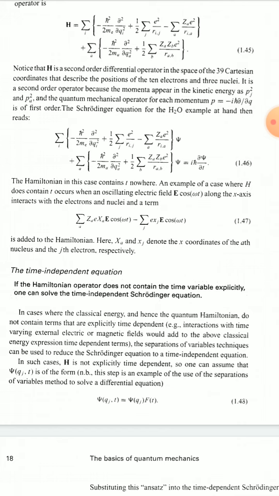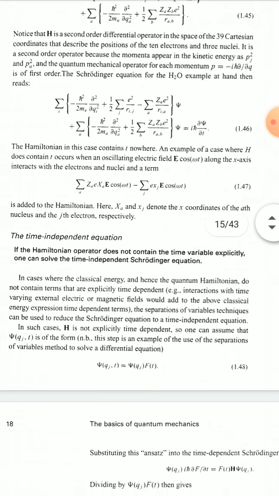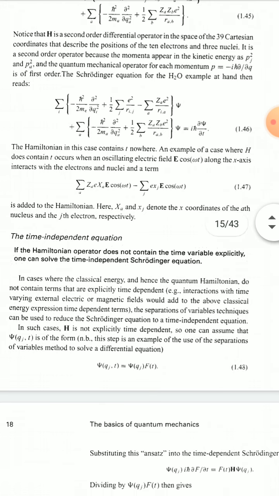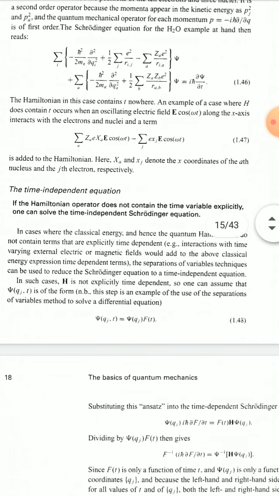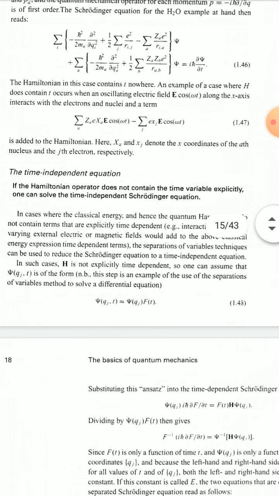The Schrodinger equation for the H2 example at hand then reads as equation 1.46. The Hamiltonian in this case contains t.